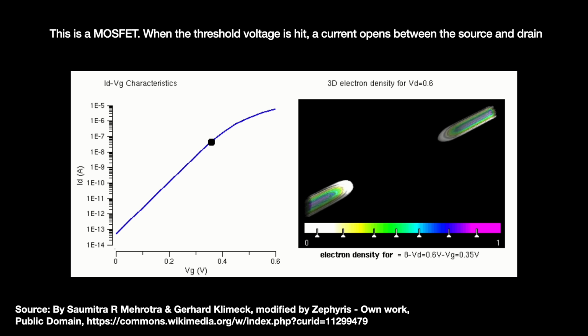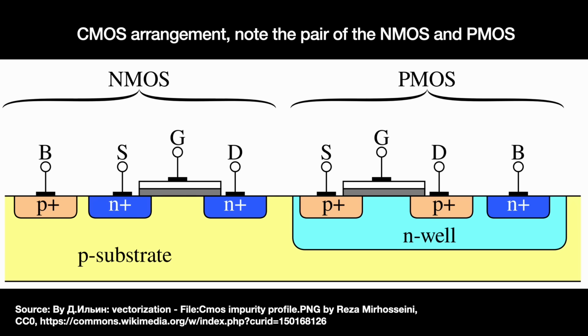Modern logic fabs do CMOS, or complementary metal oxide semiconductors. As the name indicates, CMOS pairs an N-type MOS, NMOS, and a P-type MOS transistor, PMOS. Both transistors largely work the same. The major difference is that one, the NMOS, transports negatively charged electrons, the other, the PMOS, transports positively charged electron holes.